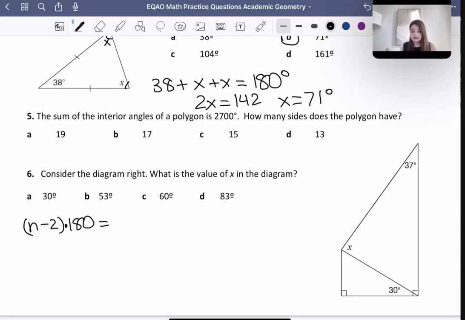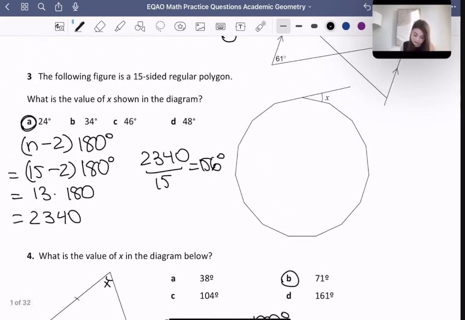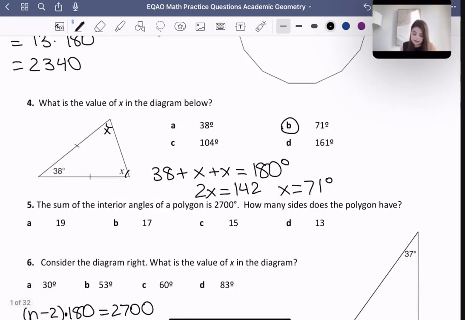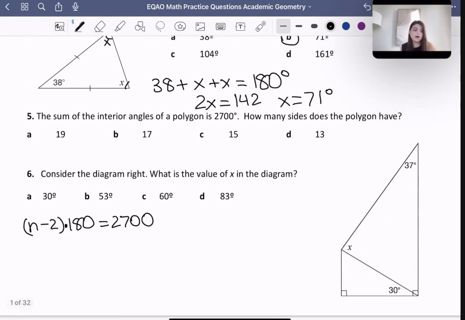In this case, that number is 2,700. So this is really similar to question 3 up here, except instead of asking for the supplementary angle to one of the interior angles, what they're asking us for is n, how many sides does it have?